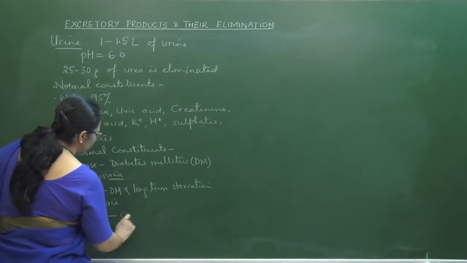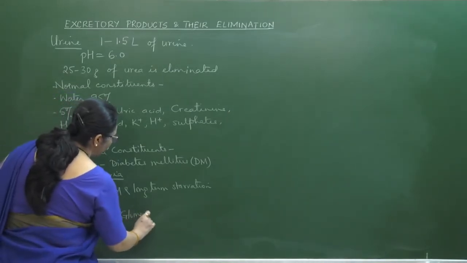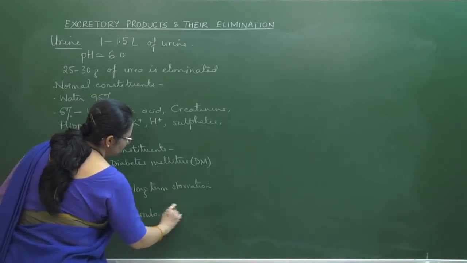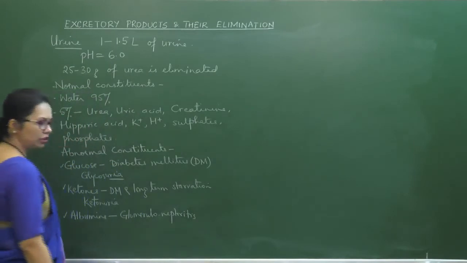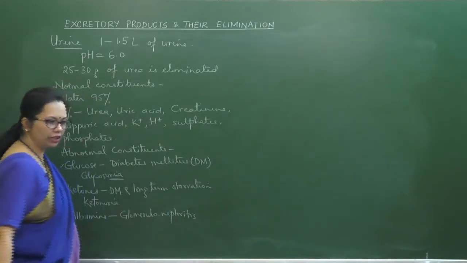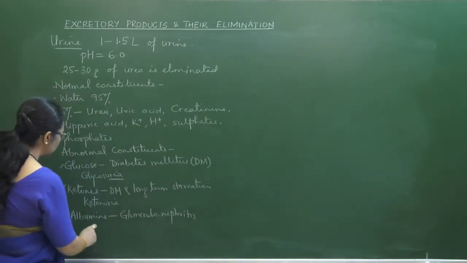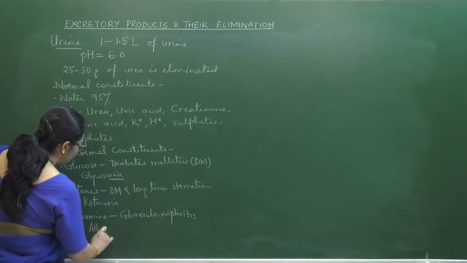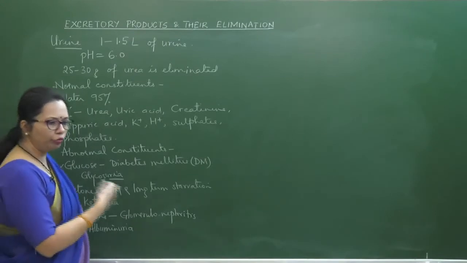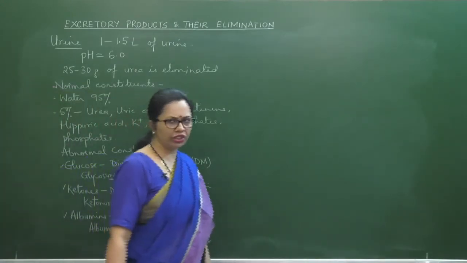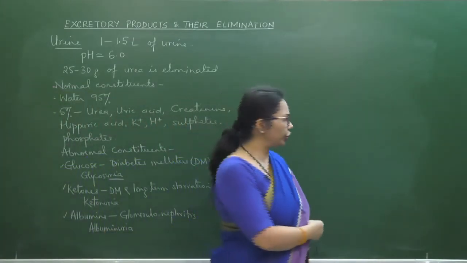The condition would be glomerulonephritis, that is inflammation in the glomerulus and the nephron, and this condition is called albuminuria. And when there is more damage, even larger proteins can start appearing, so that would be simply proteinuria.